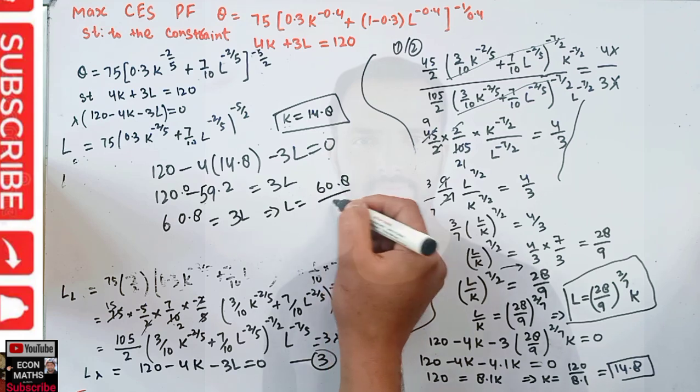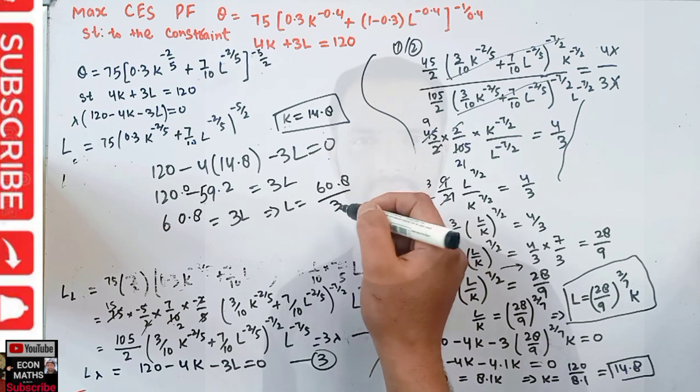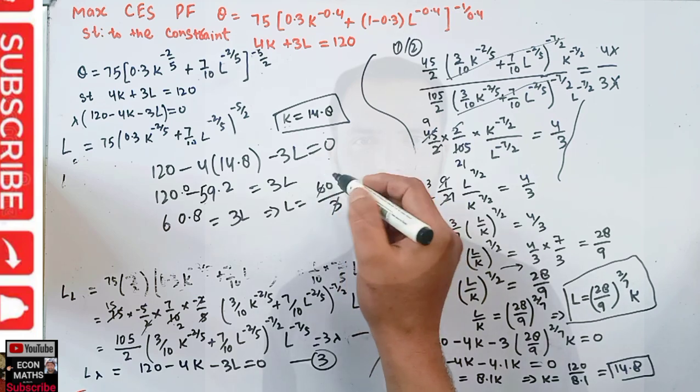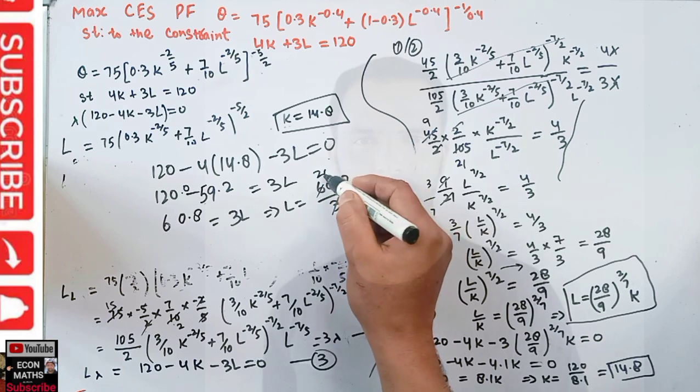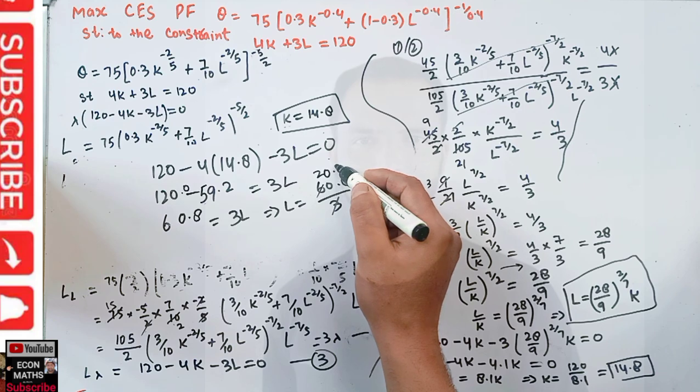60.8 upon 3. Okay, so 3 2s are 6, 3 zeros are 0 point, we have 3 2s are 6.